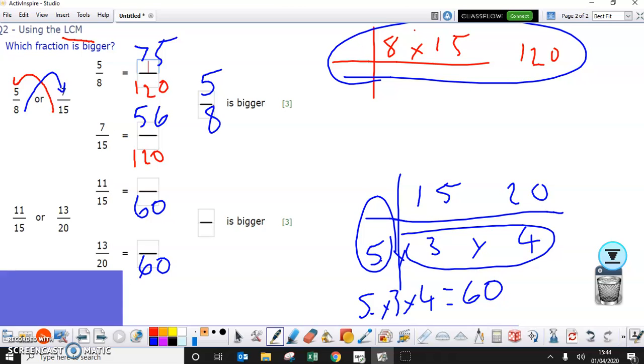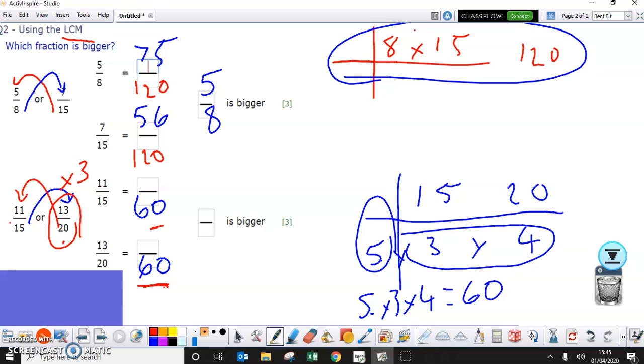And again, I've got 15 times 13, and I've got 20 times 11. Now we have to be careful with this, because we've only got 60 at the base. So I can't times 20 and 11 together. I've times the whole of this fraction by 3 to get to 60 as the base.